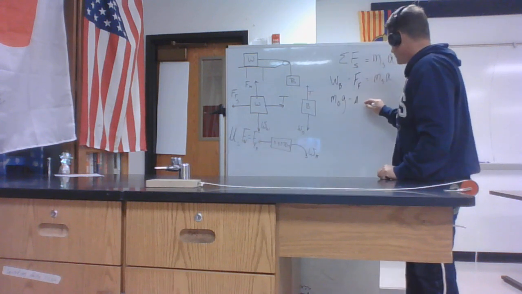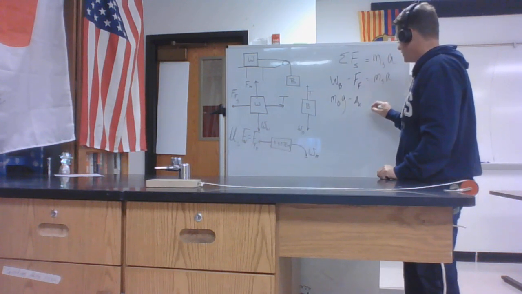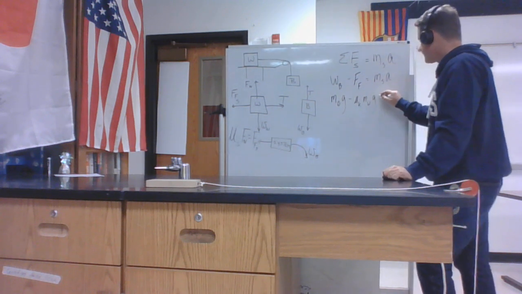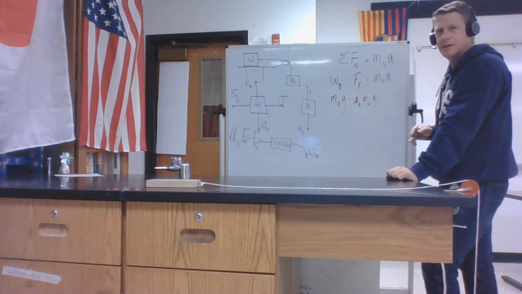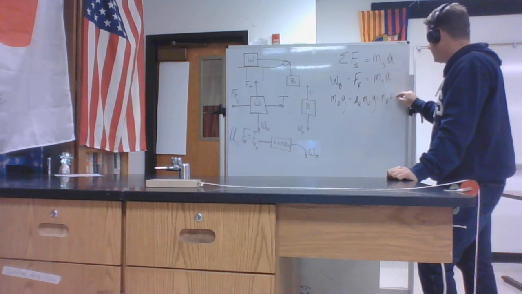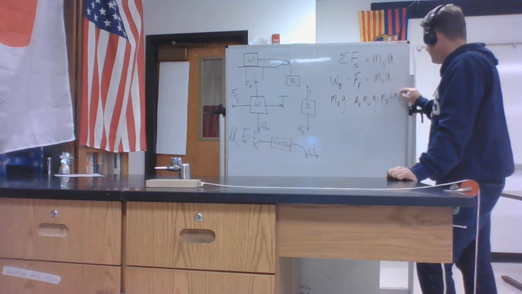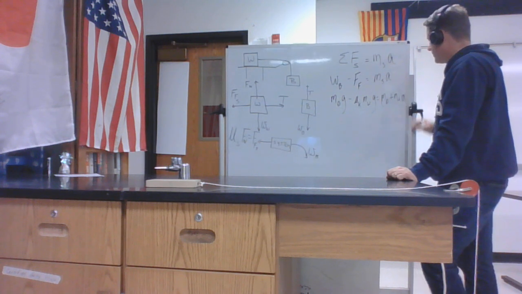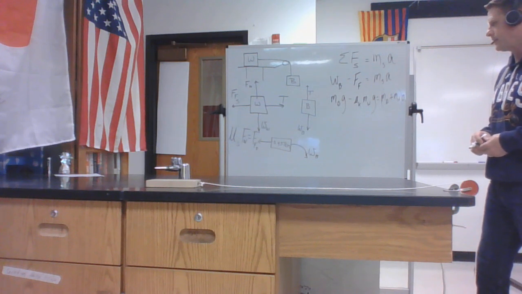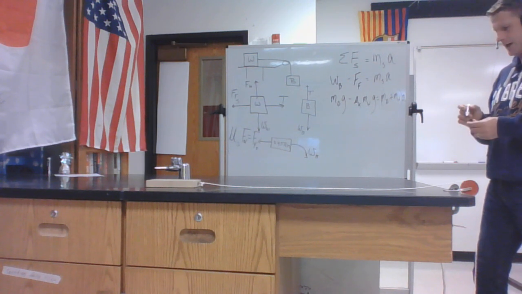It's going to be my kinetic coefficient times the mass of the wood times G, equals, now what's the mass of my system over here? It's the mass of the black block plus the mass of the wood times that acceleration A, right? And I could solve that for A.